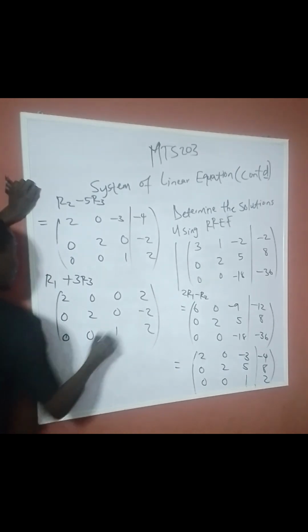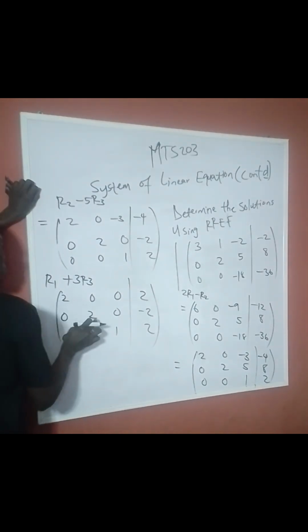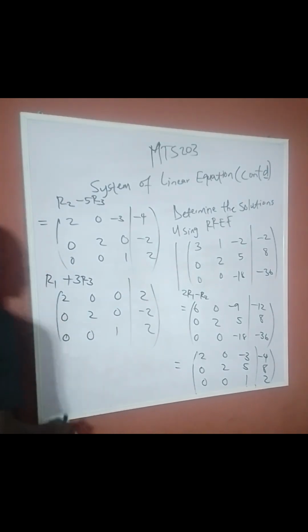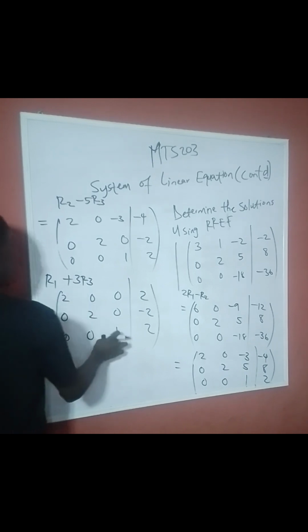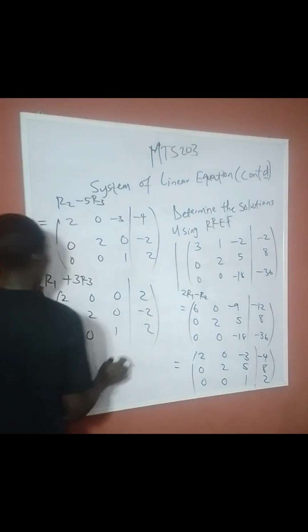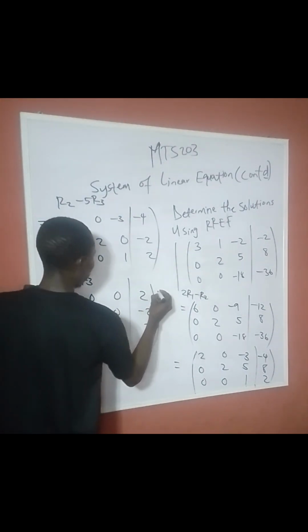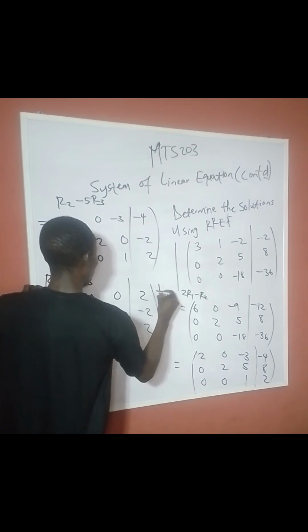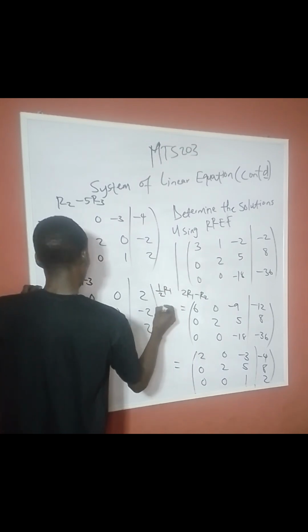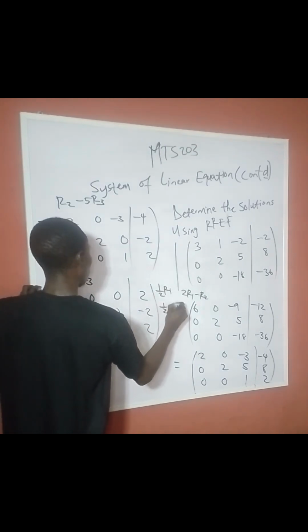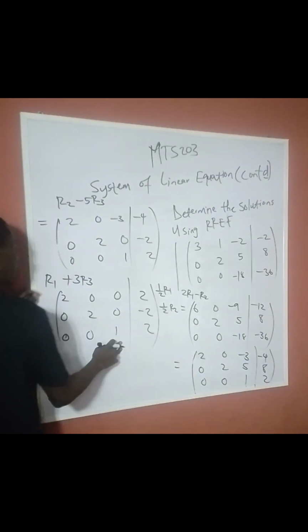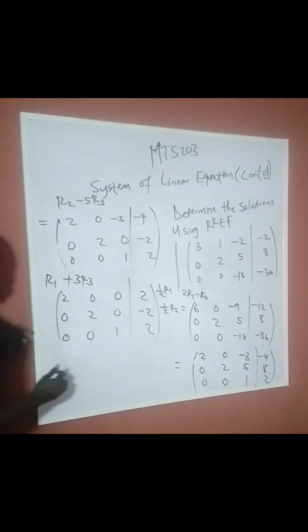I can see now that my pivots here are 2, 2, and 1. And don't forget, I told you that before you can call them pivots, they must be 1. How can I turn this 2 into 1? I can say 1 over 2 row 1, and also 1 over 2 row 2. My pivot here is already 1, so nothing to do to that.